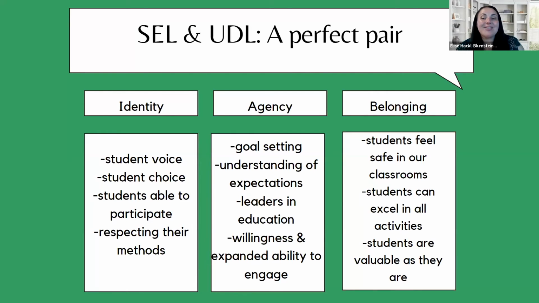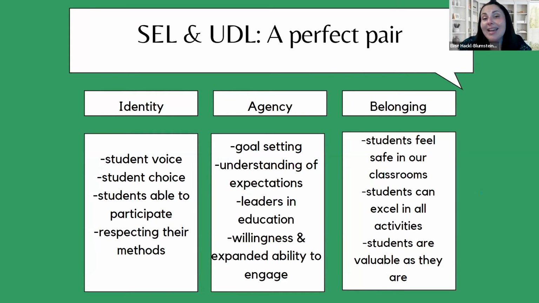And then if we look at belonging, it's ensuring that students feel safe in our classrooms. It's ensuring that students can excel in all activities and reassuring to students that they are valuable as they are. Again, we do better when we know that we're safe. We do better when we know that we're valued. And what a great way to value somebody than to say, I accept you as you are. I accept your communication style.